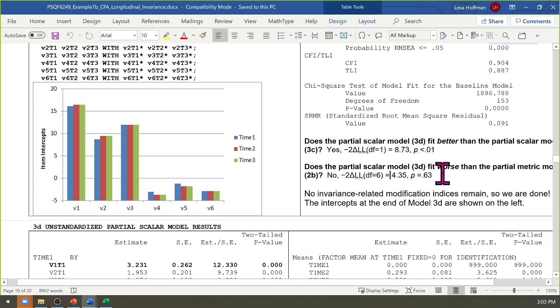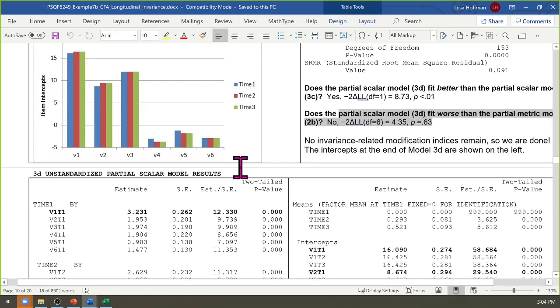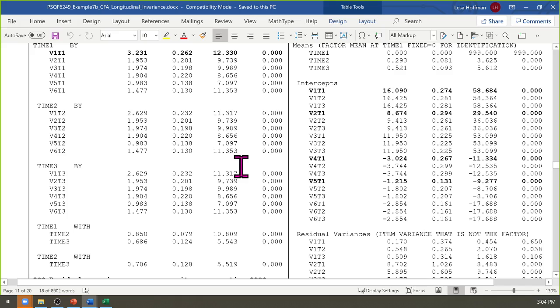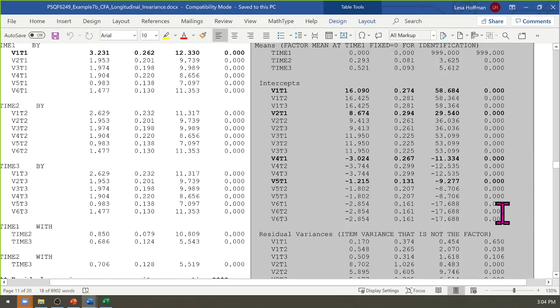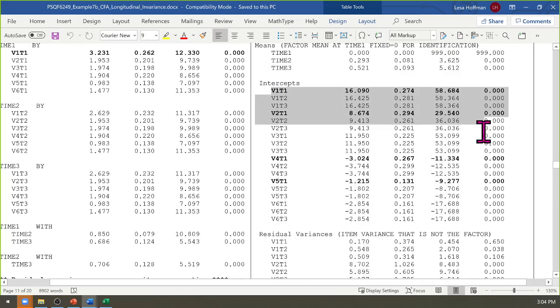But that being what it is, we finally hit the point where we have partial scalar invariance. And here's what ended up happening. On the intercept side, we're looking at the results.